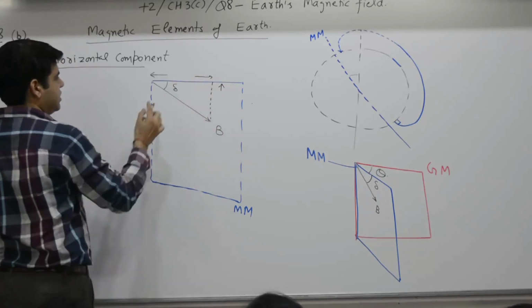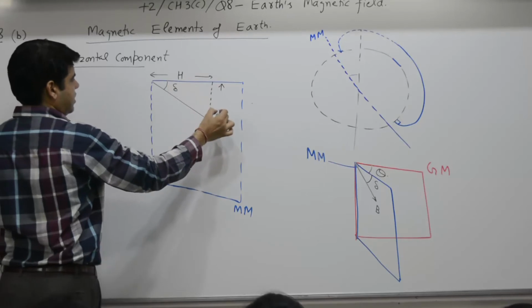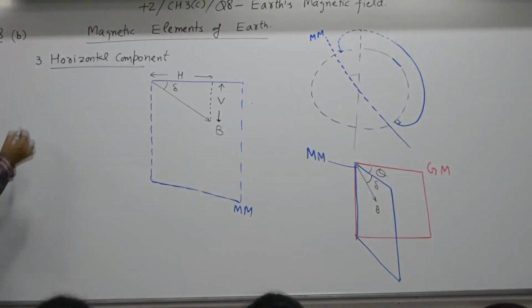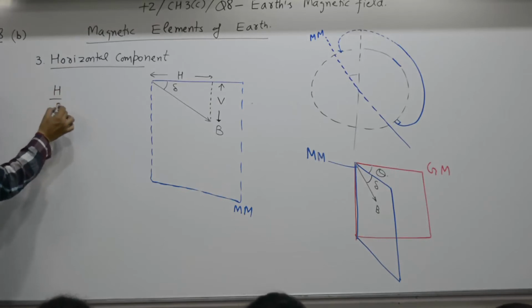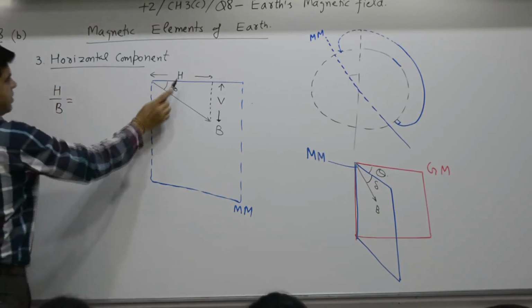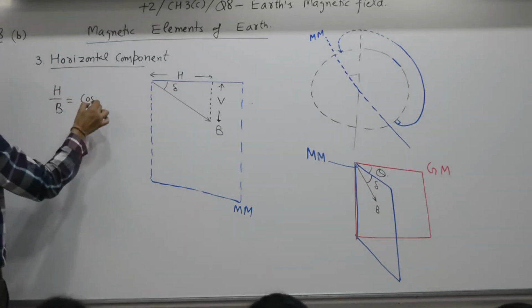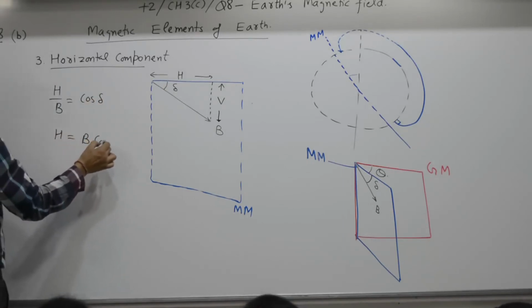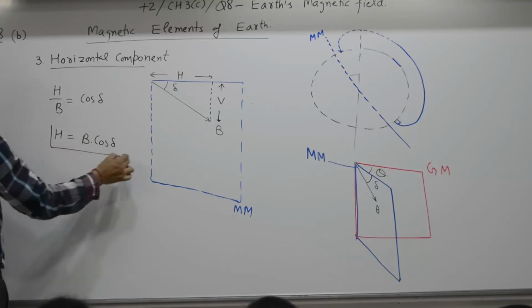In the notes it is written as H and B. Can you find out H? H by B is equal to cos delta. So H is equal to B cos delta, the horizontal component of Earth's field.